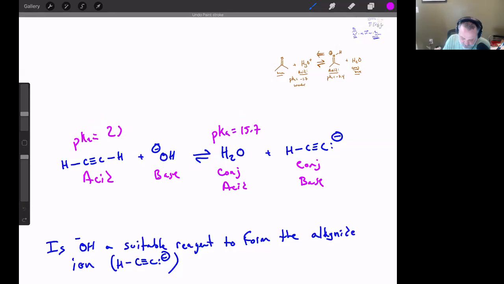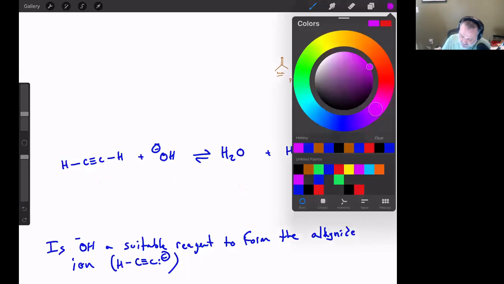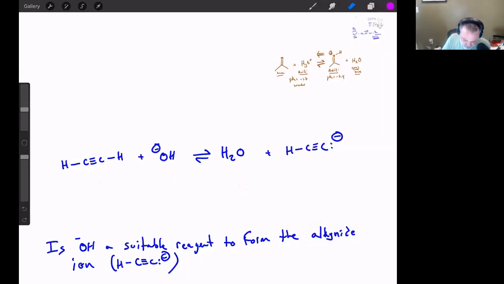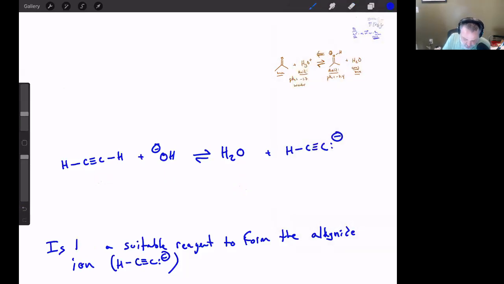Let's get rid of hydroxide. And let's say instead of hydroxide as the reagent, let's use another base. This one is called amide, NH2 minus. Is NH2 minus a sufficiently strong base to form the alkanide ion?